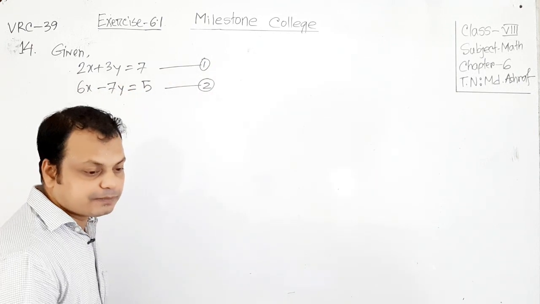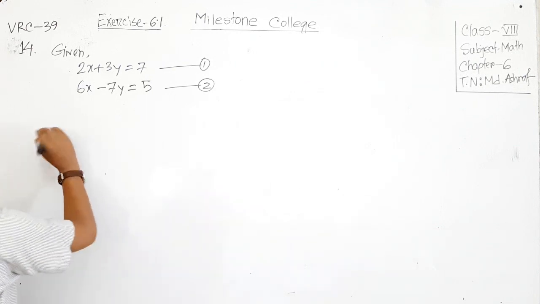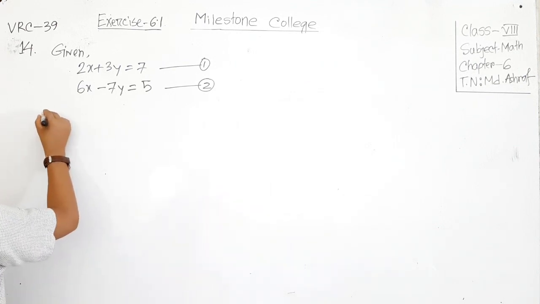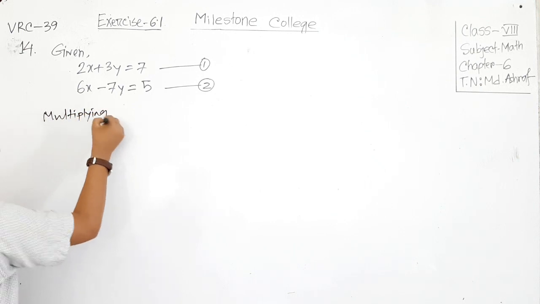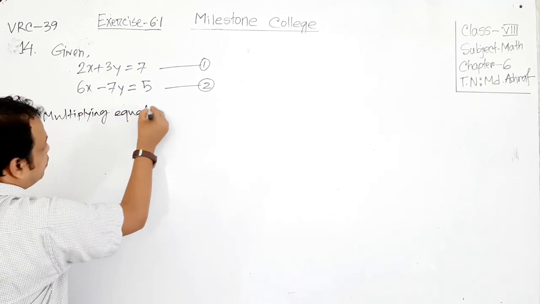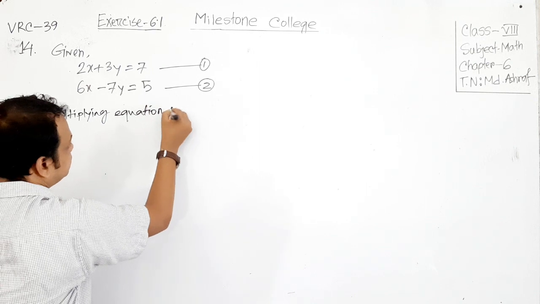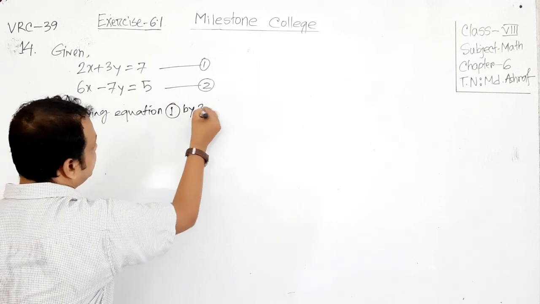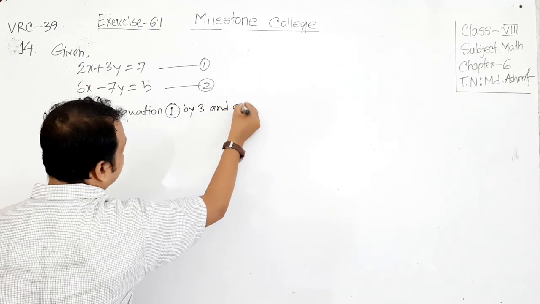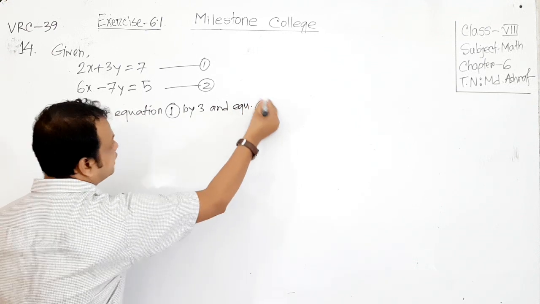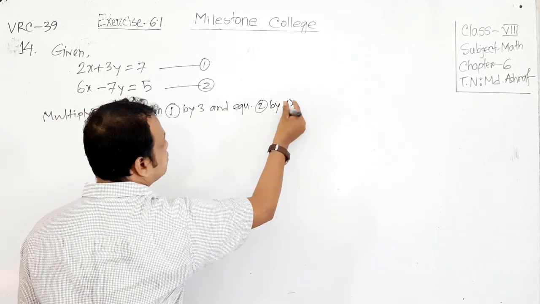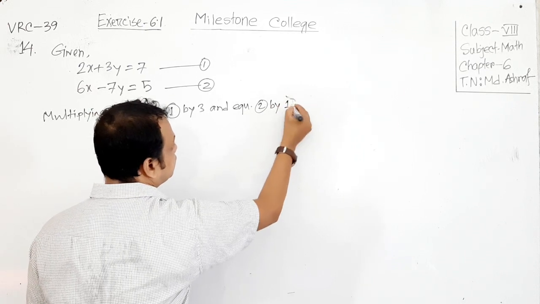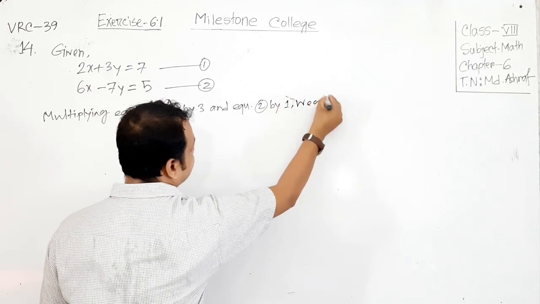So we will write it here: multiplying equation 1 by 3 and equation 2 by 1, we get.